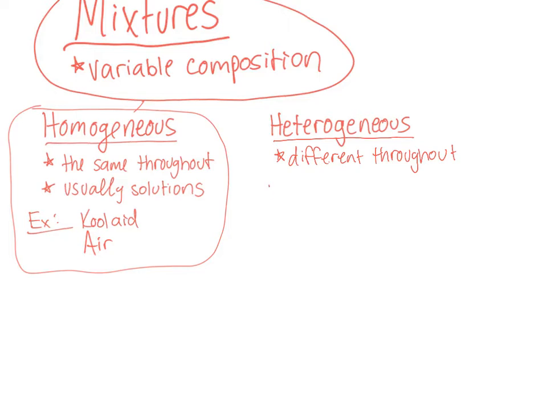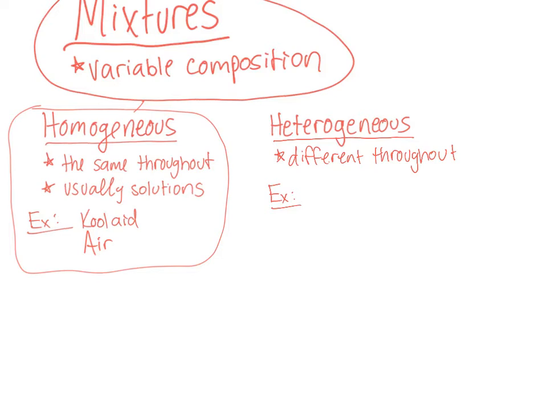So examples of a heterogeneous mixture. Let's say that you went to the beach and you wanted to bring home a beach in a bottle for yourself, right? So you put some sand and some shells and some ocean water into a bottle so that you can take it home and you can shake it up, right? Technically, if you take that bottle and you shake it up, it becomes a mixture, right?